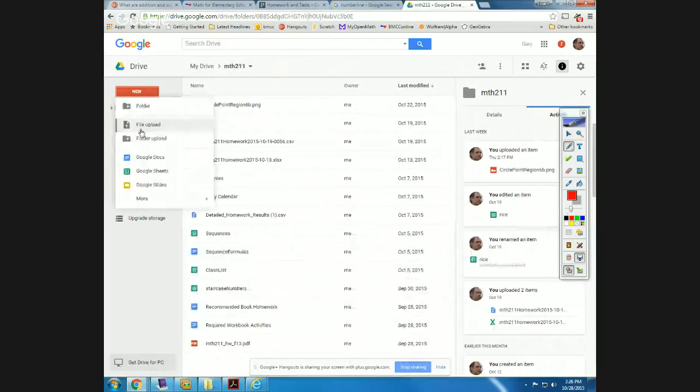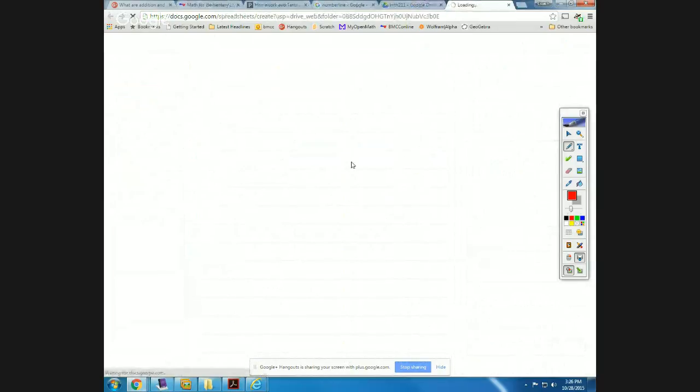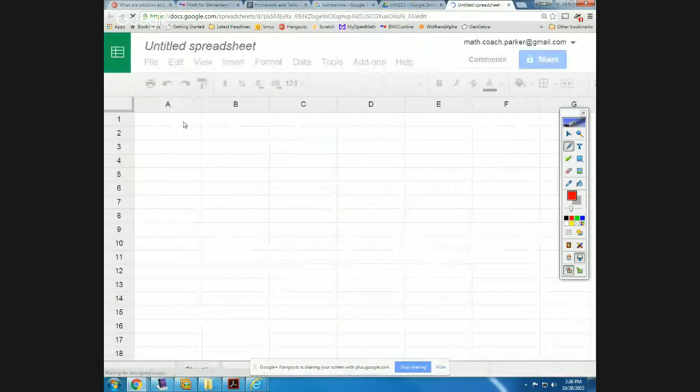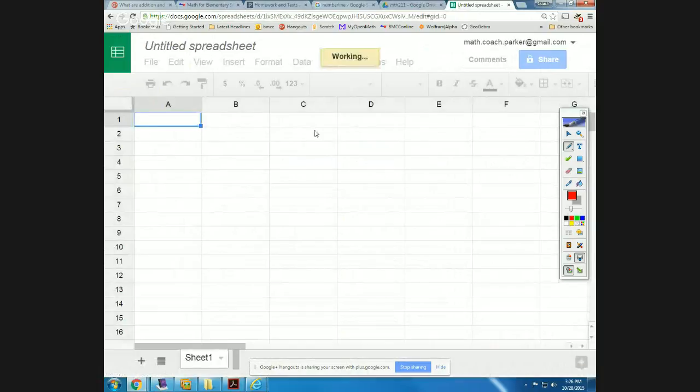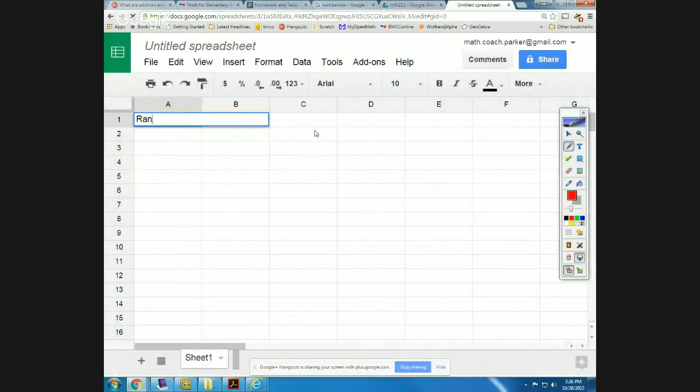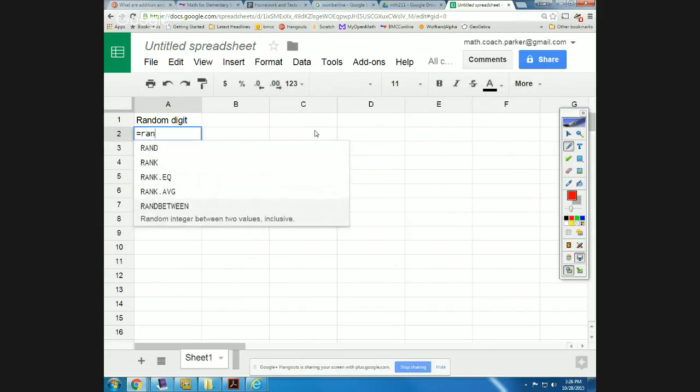And new spreadsheet. So I don't remember if I showed this in class before, but what I'm going to do here is go for a random digit. Excel and Sheets and other spreadsheets have a feature called rand between. Rand between says it picks a random integer in between the two values inclusive.